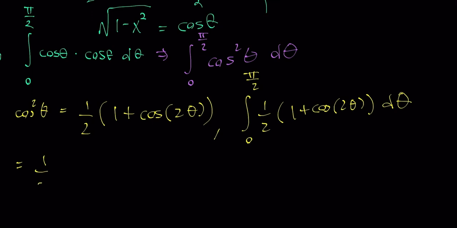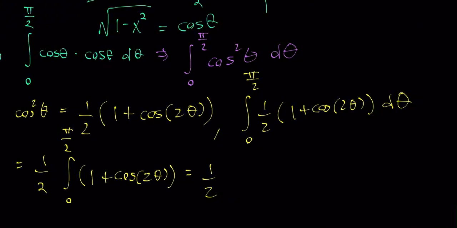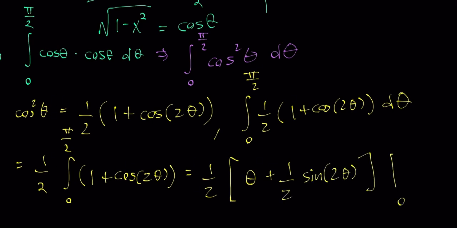We have 1/2 integral from 0 to pi over 2 of 1 plus cosine 2 theta. So we have 1/2 brackets. We're going to have theta plus 1/2 sine 2 theta, where I'm evaluating this from 0 to pi over 2.